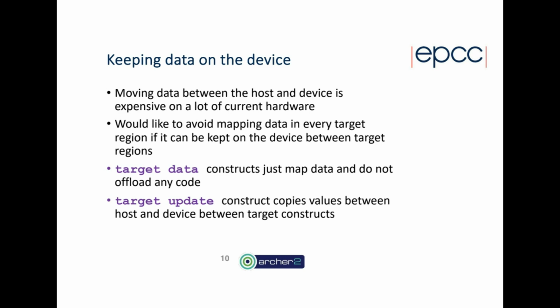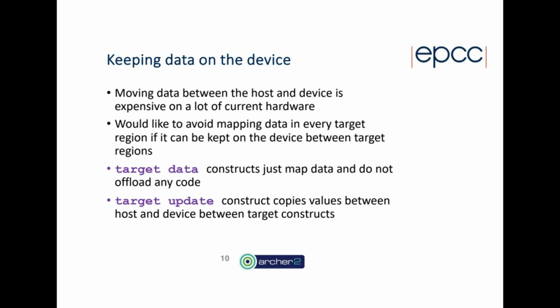And that's probably the main reason why only certain types of application can usefully make use of GPUs: they're able to keep most of the data on the device and not keep having to move it back and forth between the CPU and the GPU. So we'd like to avoid mapping the data in every target region, if it's correct and possible to keep the data on the device between target regions.